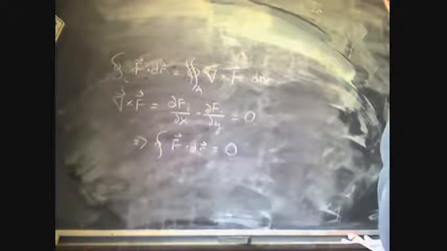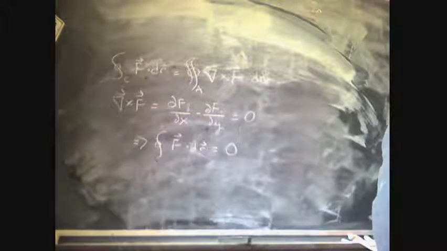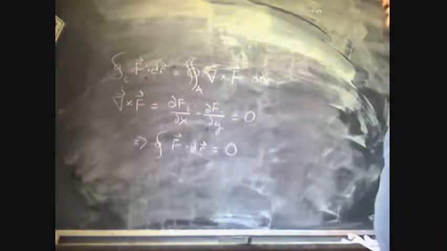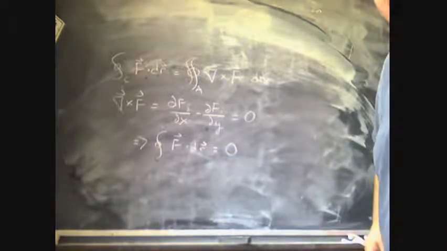If you do all the nasty math, it turns out that all the terms cancel out perfectly, and you get 0. So that means that our nasty line integral just winds up being 0. Hooray!